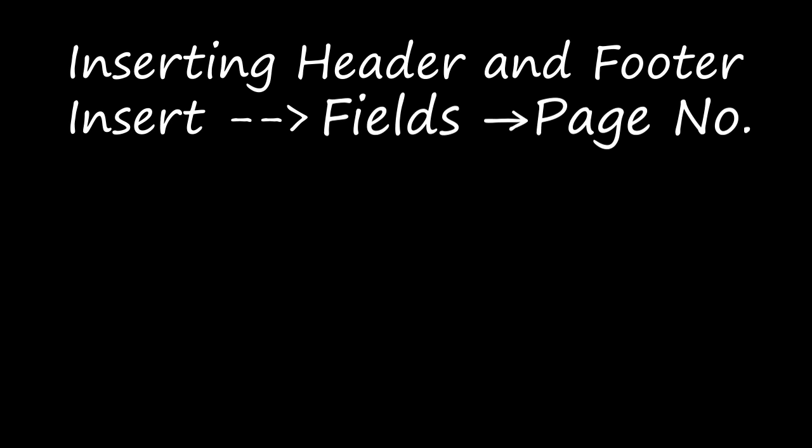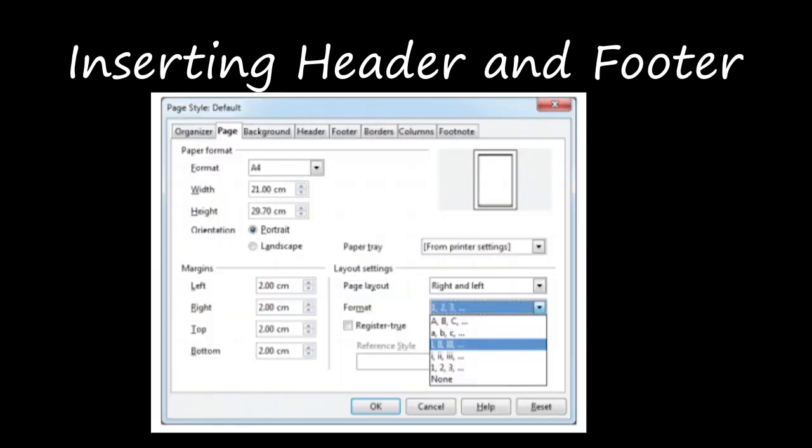You can change the style of that page number also. On the right side of that page number option you will have an arrow. In that you can select what type of page number it should be. It may be a Roman number or a small 1 2 3, however you need. To position the insertion pointer where the page number has to appear, you can go to Format and then Page, and the page style dialog box will be displayed.